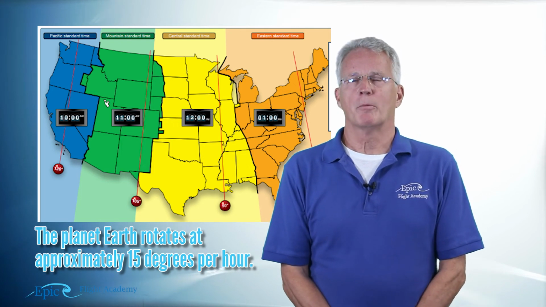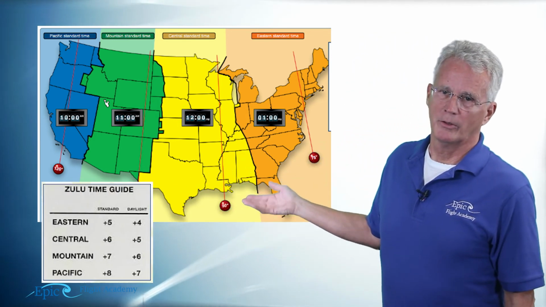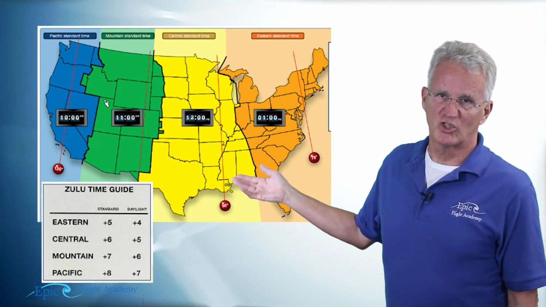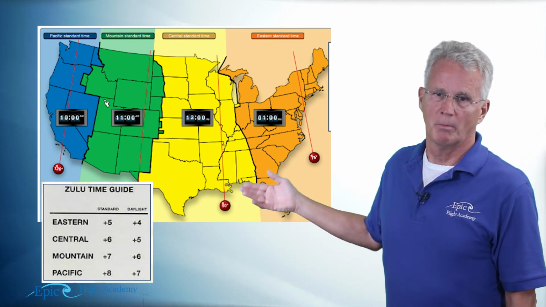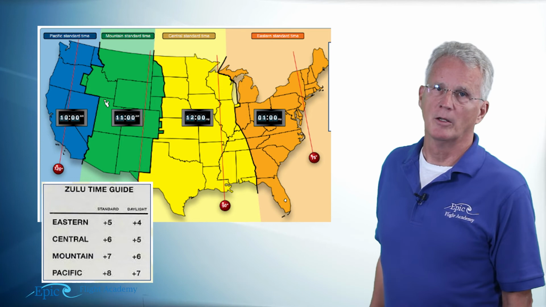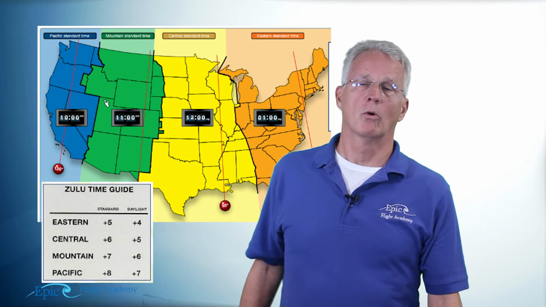Those time zones are measured from UTC, and you can see in our chart here, the Eastern time zone in standard time is +5, Central +6, Mountain +7, Pacific +8, as we move further and further west from the UTC, or Greenwich Mean Time reference.